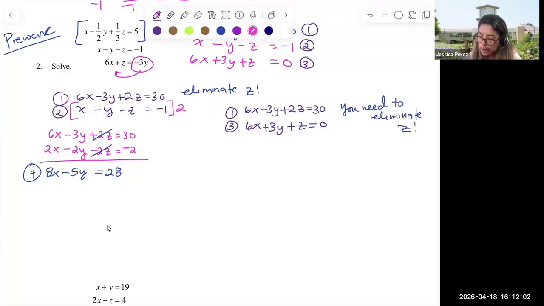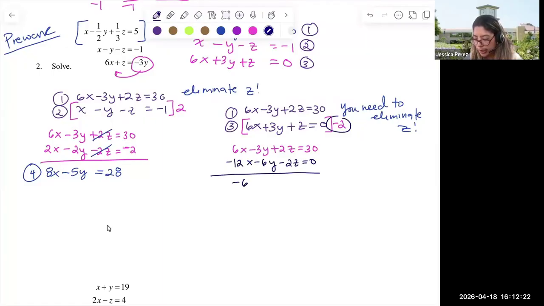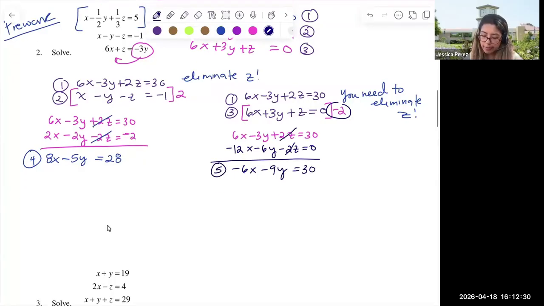So I'm going to multiply the bottom equation by negative 2. The top is 6x minus 3y plus 2z equal 30. The bottom equation multiplied by negative 2 is negative 12x minus 6y minus 2z equals 0. Then I get negative 6x minus 9y, the z's cancel, equal to 30. And that's my new equation 5.